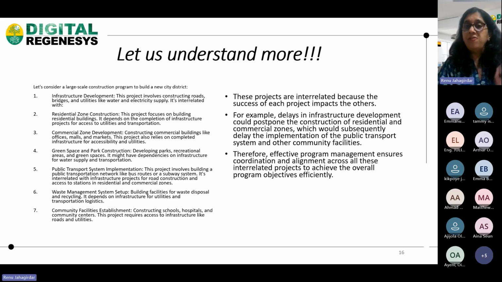Therefore, effective program management ensures coordination and alignment across all these interrelated projects to achieve the overall program objectives efficiently. This is just something simple I've tried to give you. I would request everybody to read it once again afterwards.